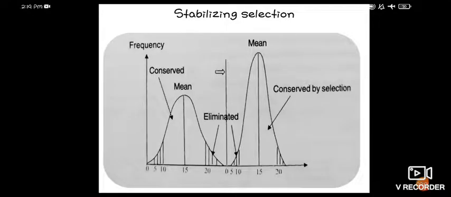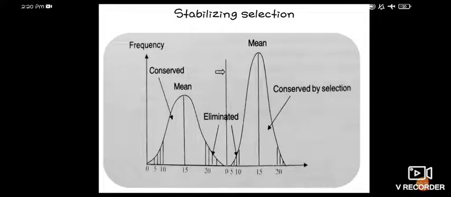If the frequency of individuals increases, then at a mean period the mean or average characters remain in the population. We can see in the second graph, which is continued, the individuals having an extreme character, which is shown near 0 to 5 at the lower level.